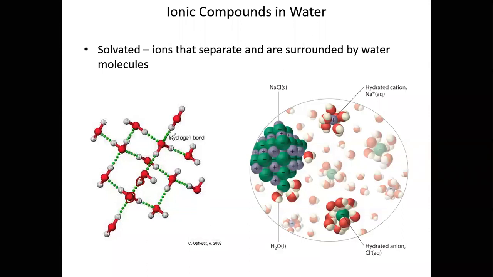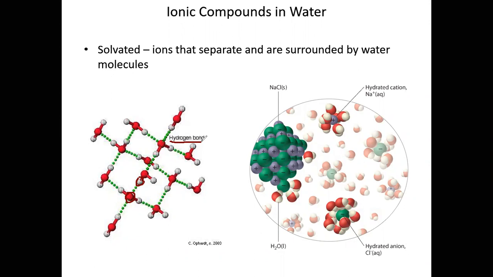And this is what we refer to as hydrogen bonds. It's like an attraction between two molecules with very specific atoms. So it has to be, for example, a hydrogen and an oxygen. They attract to one another. This is called a hydrogen bond, and this is what holds water molecules together.